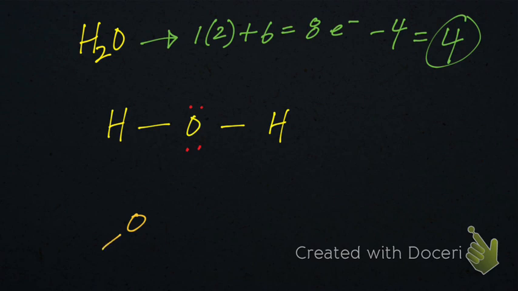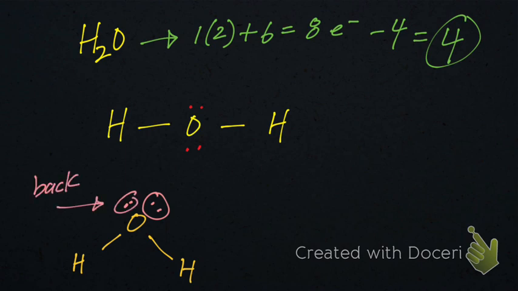So let's say you have H here and H here, and you have lone pairs here and here. These lone pairs are shooting out at you and above, out of the board and above. These lone pairs are back and above, back and up, and these two are forward and up. Okay?